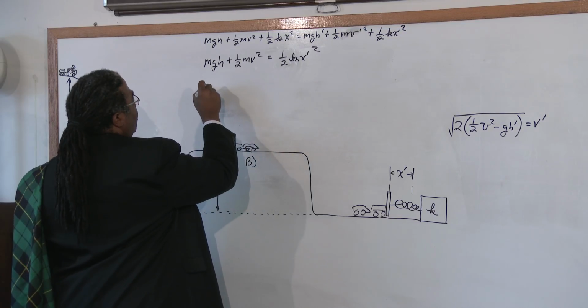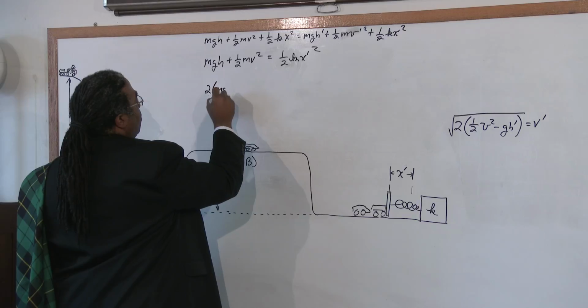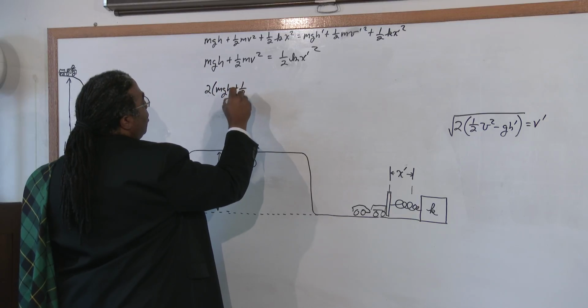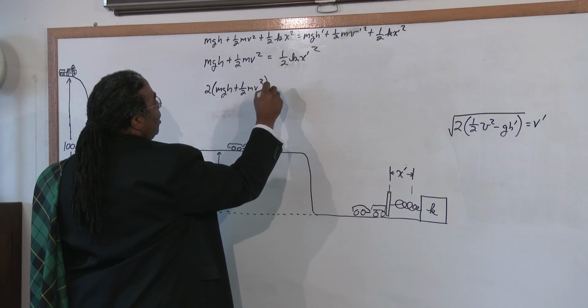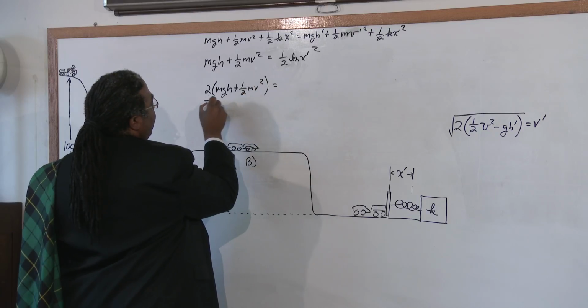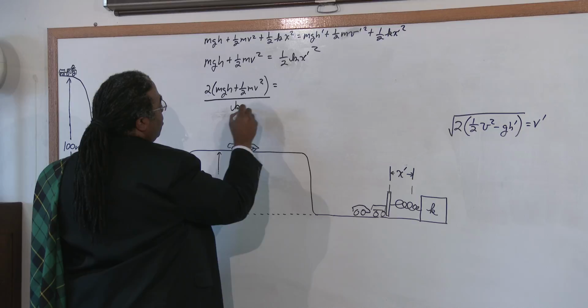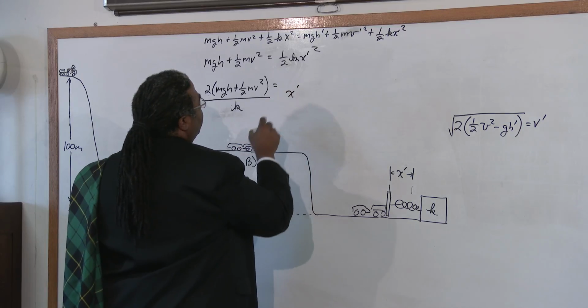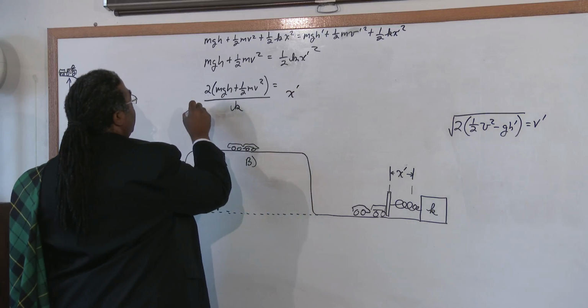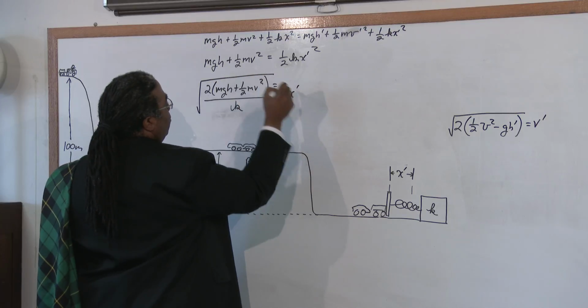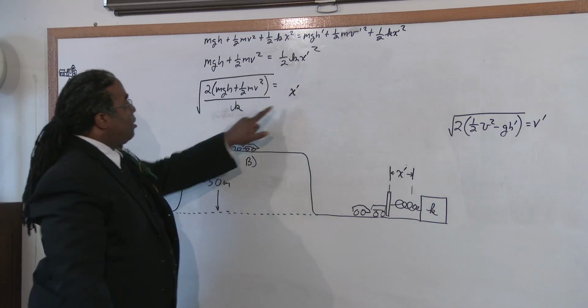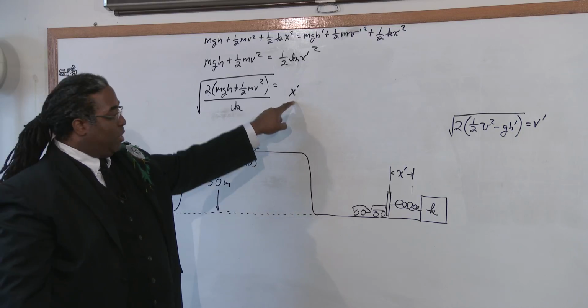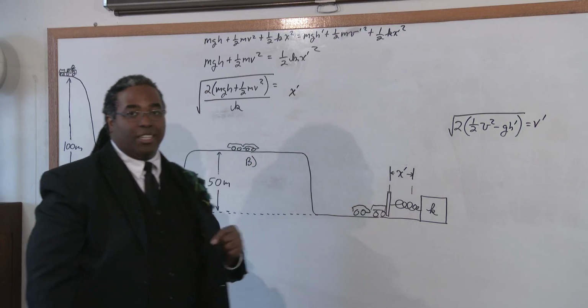So you multiply both sides by 2, and divide both sides by k, and take the square root to get rid of the squared. So here would be your final answer, which is the distance that the spring would have been compressed.